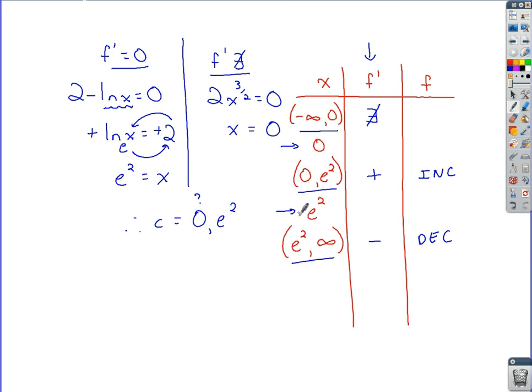Well, when x is 0, what was the value of the derivative? Look at how we got 0. We got 0 from this column, right? It did not exist. As far as e squared is concerned, what was the value of the derivative? It was 0, because that came from the other side, right, where f prime equals 0.